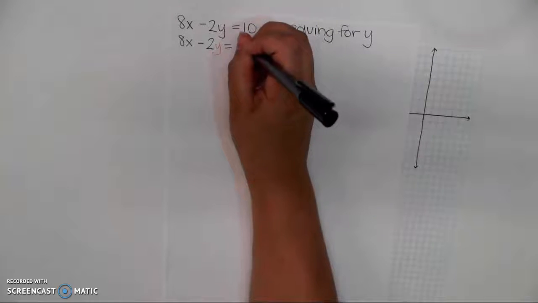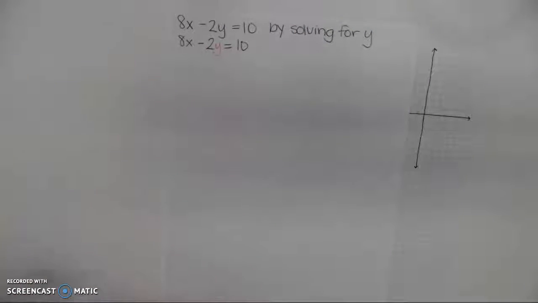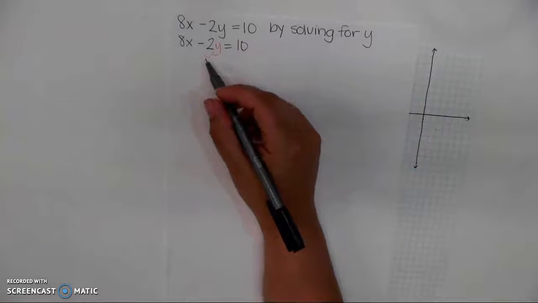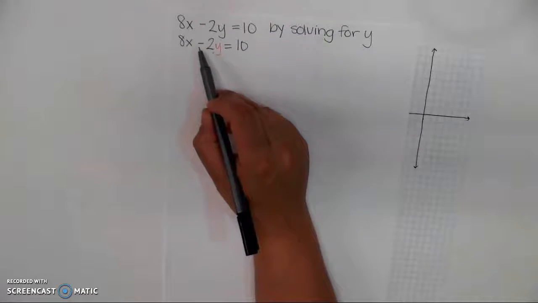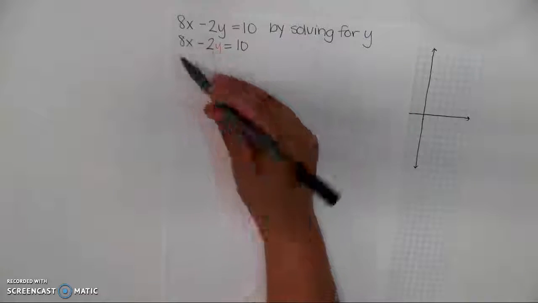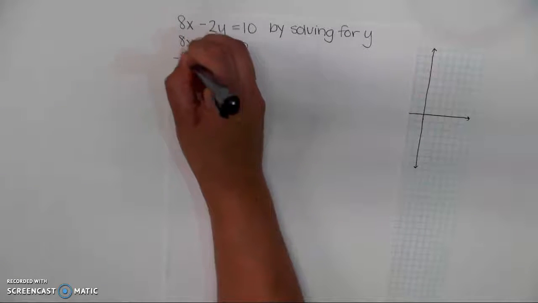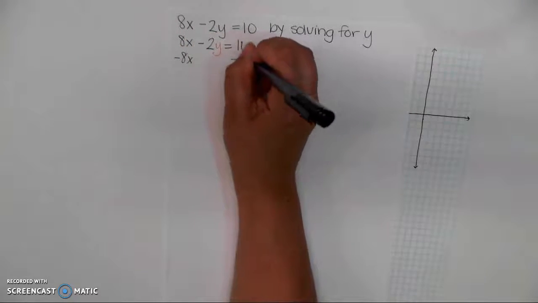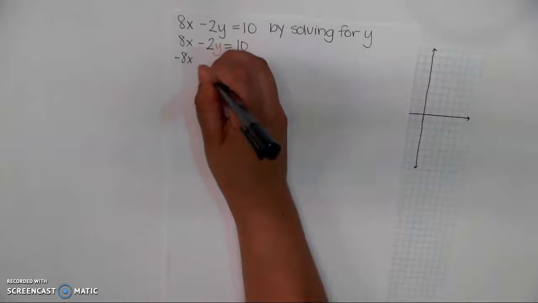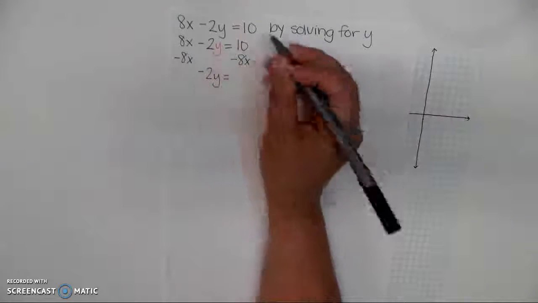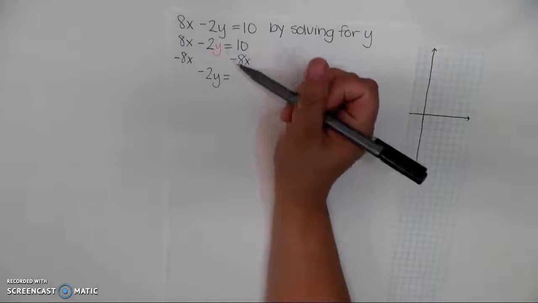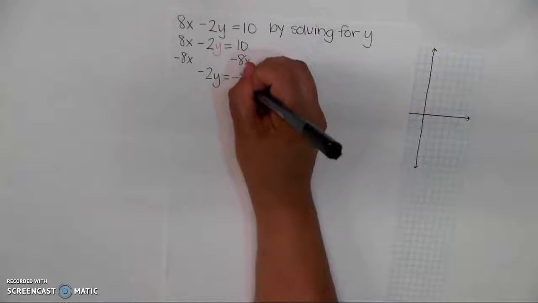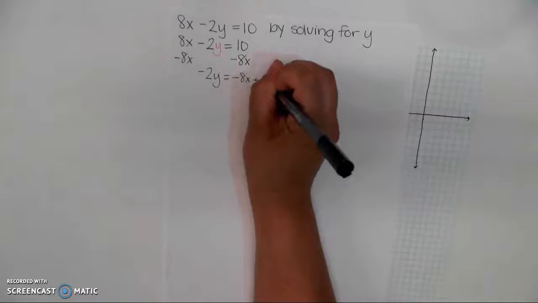So I am trying to solve for y, so I'm going to write it in orange. So in order to get y by itself, I would need to subtract my 8x from both sides. So I have negative 2y equals, and then again, these are not like terms, so negative 8x plus 10.